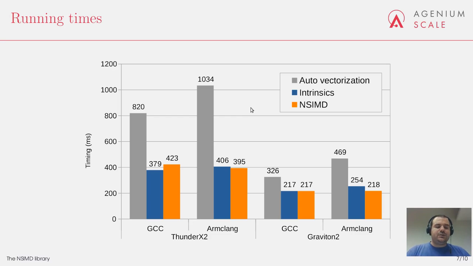As you can see, first, doing vectorization by hand, we have a speedup of 2 times, which is important. Secondly, using handwritten intrinsics or NSIMD, we have the same running times. But as I told you, this is the same as for GROMACS: we have only one code, which can be compiled to target all the SIMD backends that NSIMD supports.